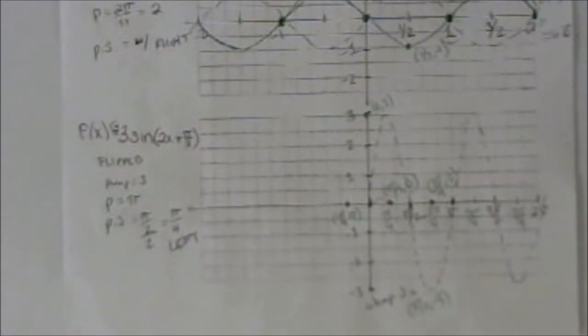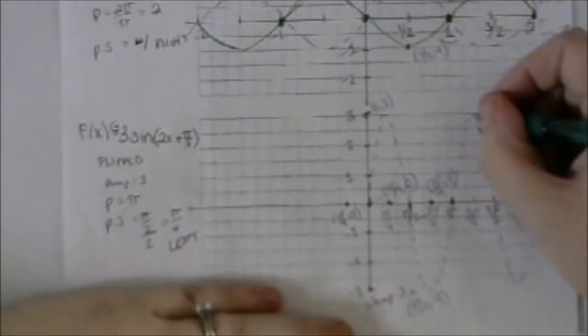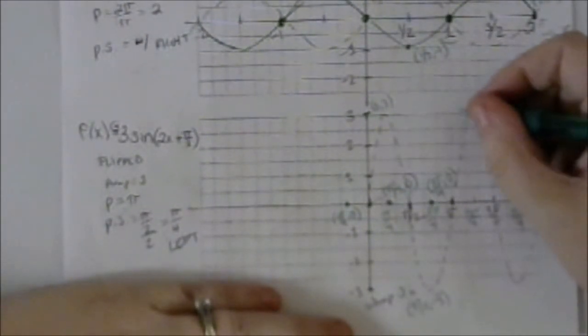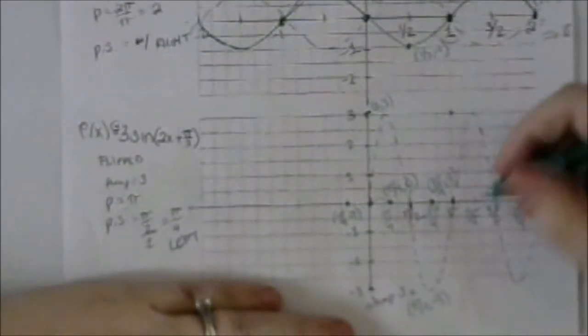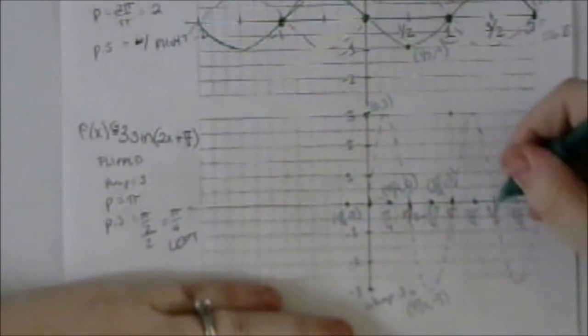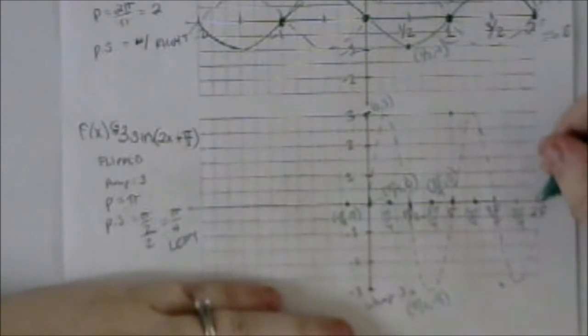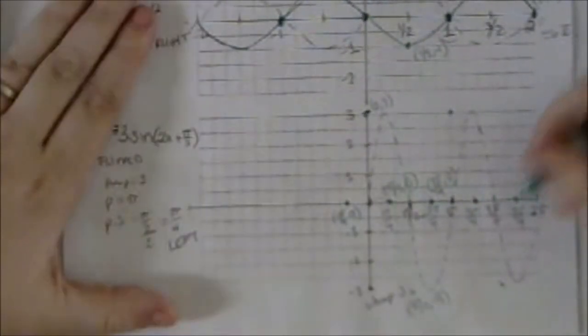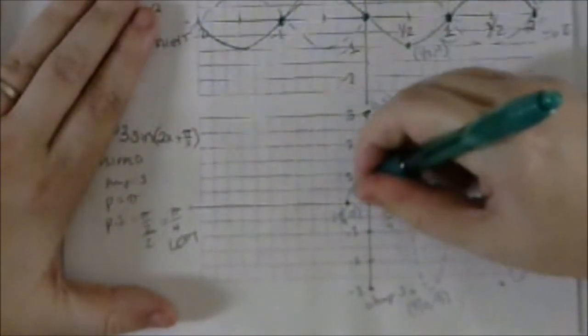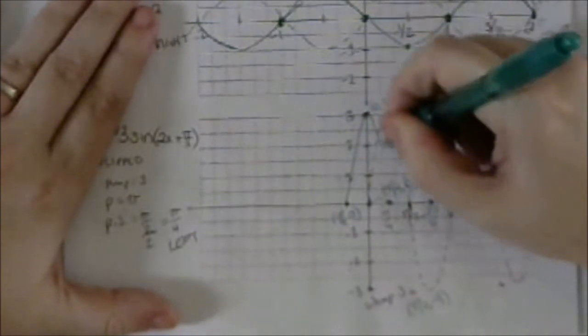I no longer need to label my ordered pairs. I just need to make sure that I'm going to create an accurate picture. So I'm going to continue shifting my ordered pairs to the left. And then I'm going to connect the dots in as continuous a curve as possible.